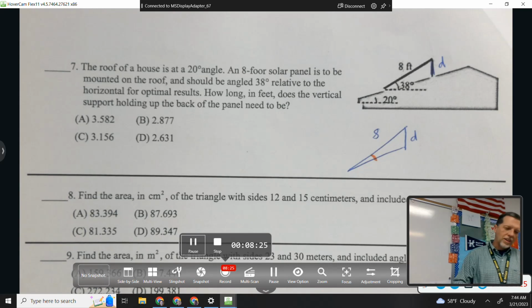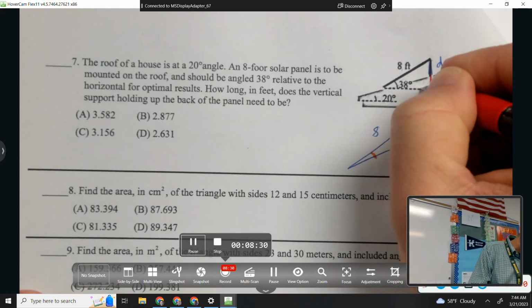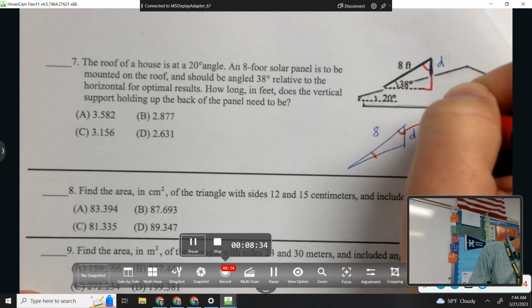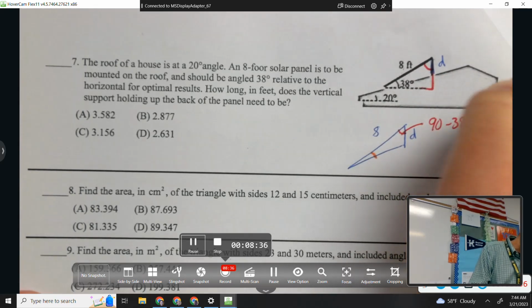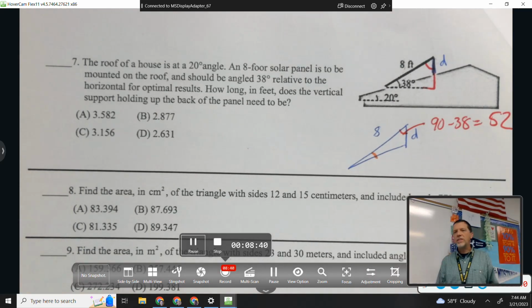Okay, hold on a second. Yeah, I heard 90 minus 38. 90 minus 38 would be this angle. So what's that? 52. So that angle would be 52.